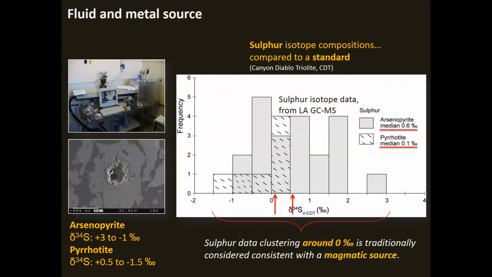What is evident here is that we are clustering the data around 0 per mil in a rather narrow range. And in the past, this type of clustering around 0 per mil has traditionally been recognized as the sulfur in these minerals having a magmatic source. That is the conclusion drawn in the past from this.